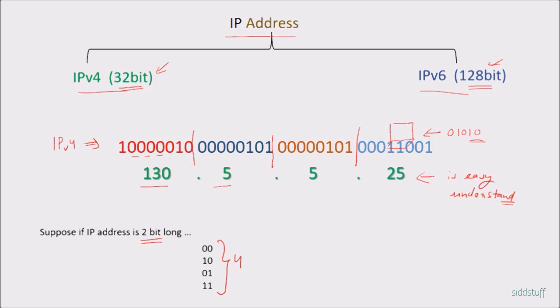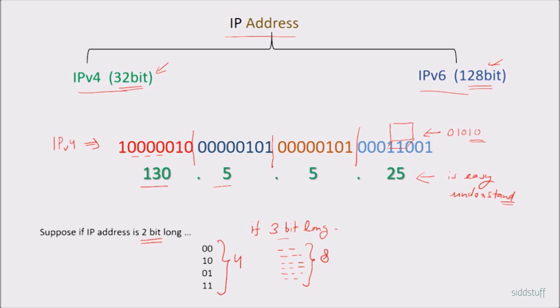I mean, we can only create 4 unique addresses if we have an IP address that is only 2 bits long. Similarly, if we have an IP address that is only 3 bits long, then the total number of unique combinations we can get from 3 bits would be 8.